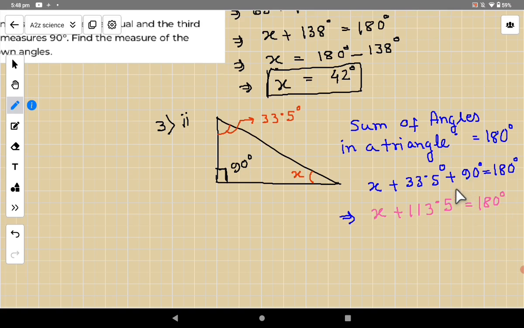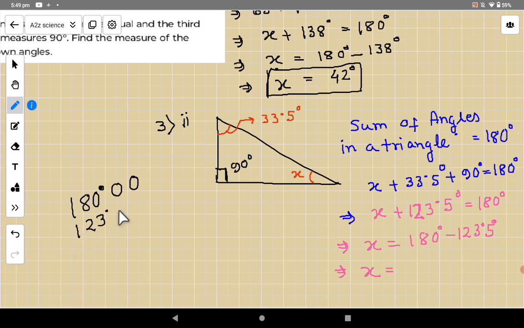So x equals to 180 degree minus 123.5 degree.